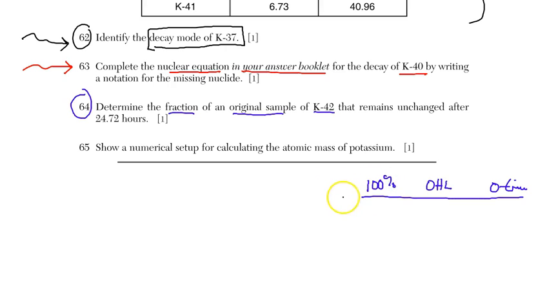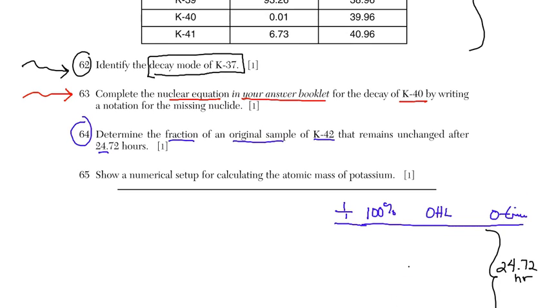Sometimes they'll give you that in grams, but because they're doing fractions, it's 1 over 1. The total time they're giving me is 24.72 hours. In order to know how many halvings have occurred, I'm going to need a half-life.